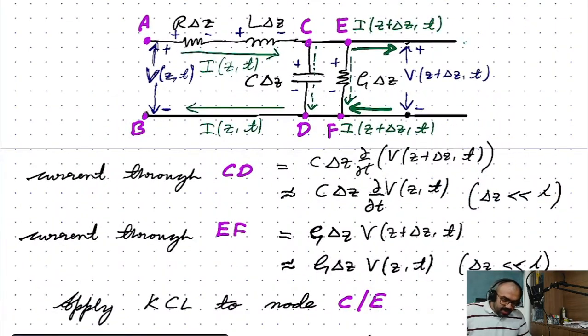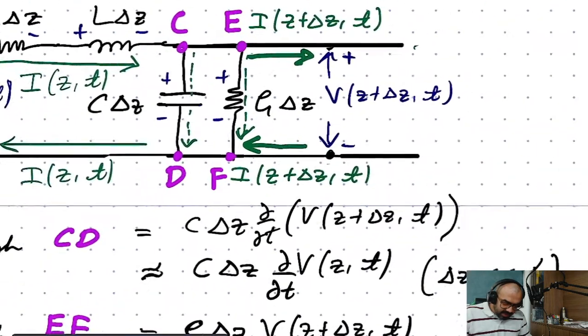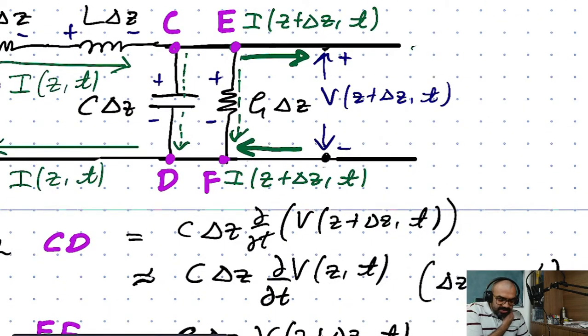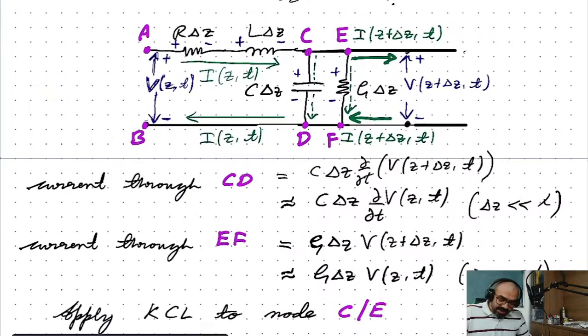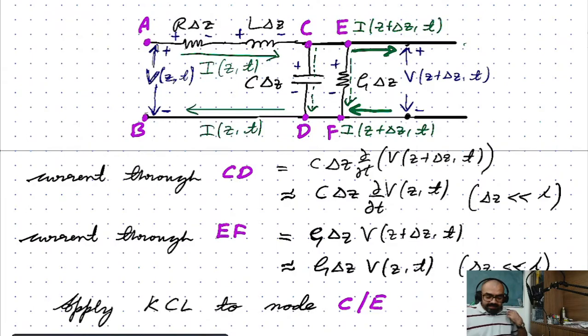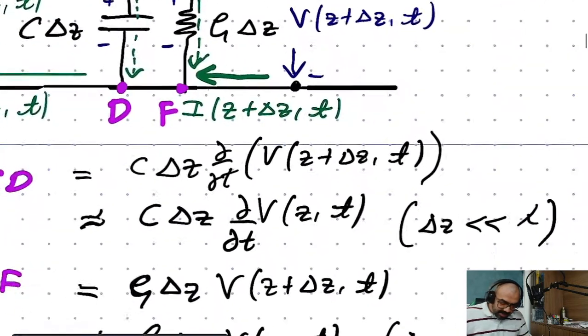Right. So after you do that, first we do KCL applied at the C bar E node, and the current through CD is given by this term here.